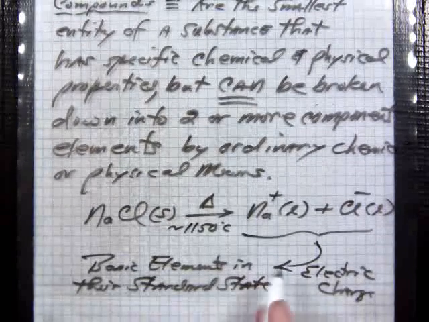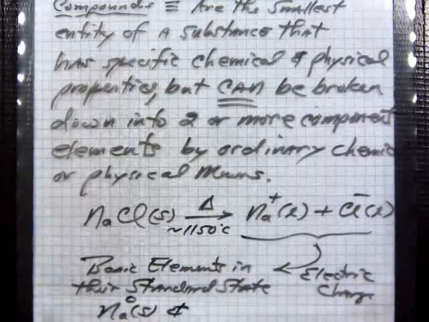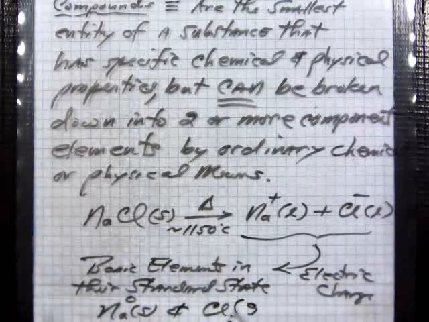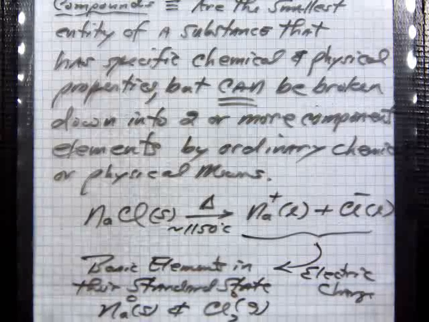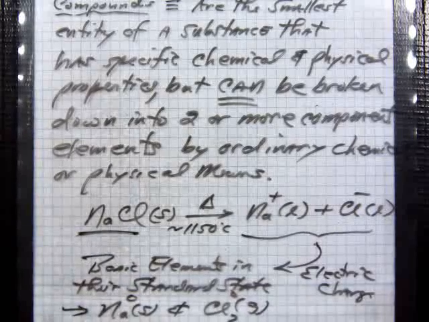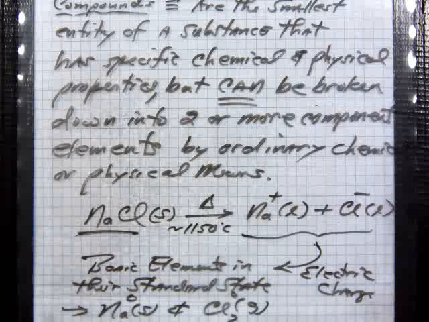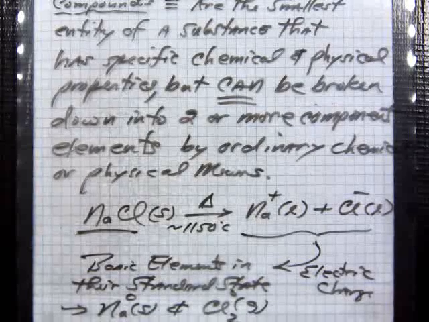And in this case, sodium metal neutralized and chlorine gas both neutralized. So we have, in essence, broken down a compound into its constituent elements. And by simply passing an electric current through it, how it goes through that, you will visit and study in due time at the proper place.